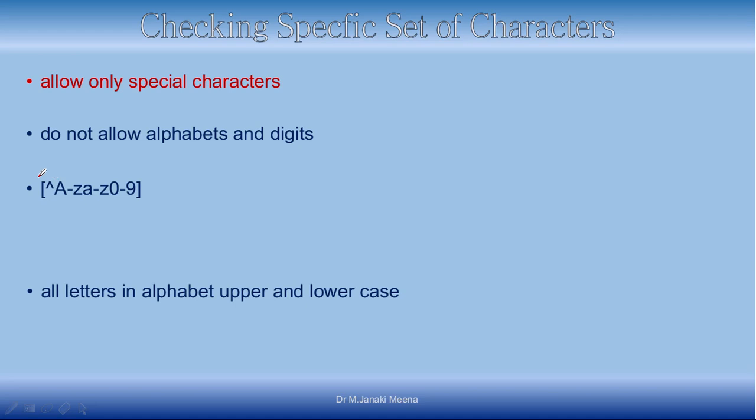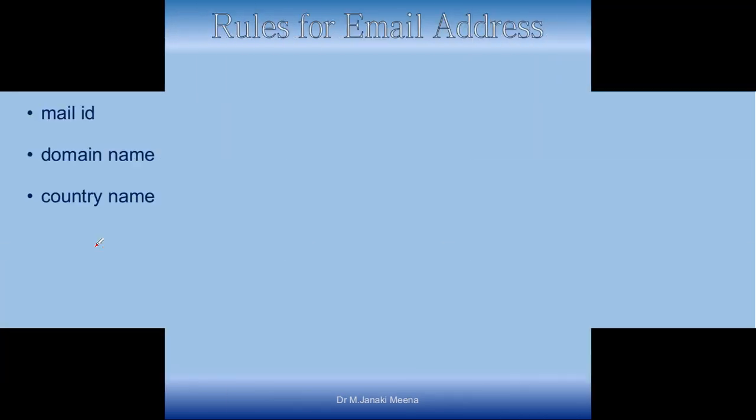When you put this caret symbol within the square bracket, it has a special meaning: except these characters. So when I put this caret symbol within square brackets and I say letters, digits, then it means that other than letters, other than digits, everything is accepted.